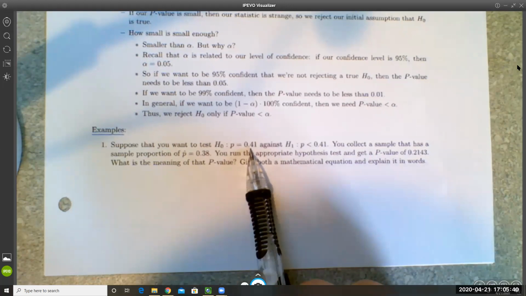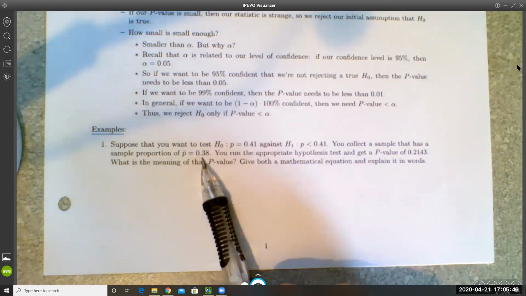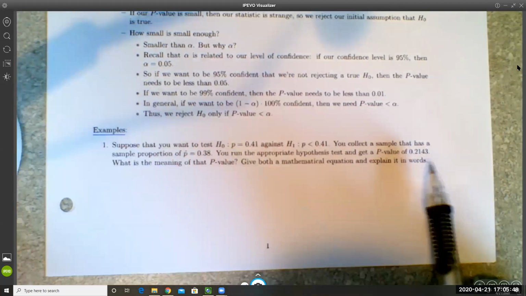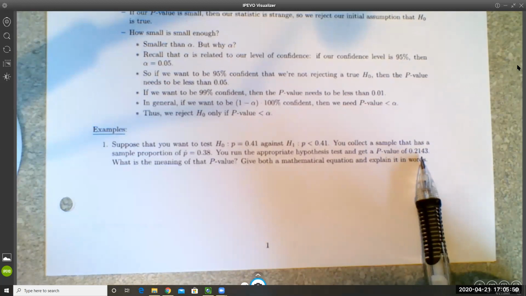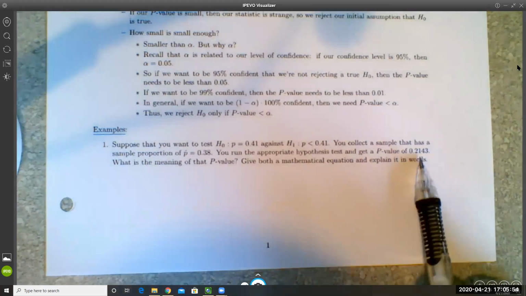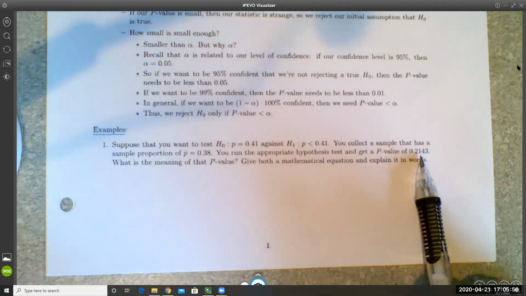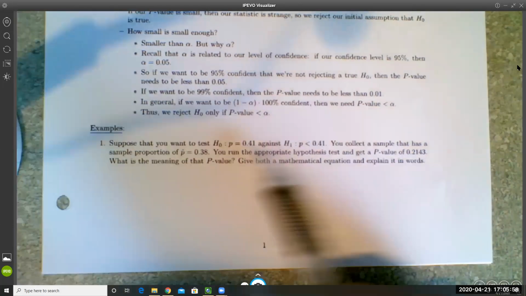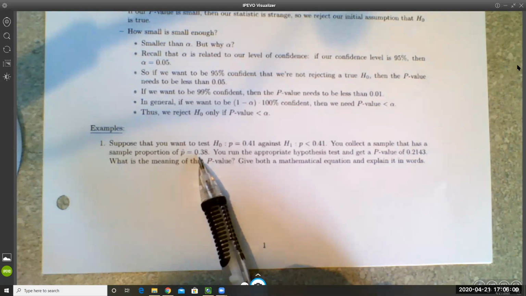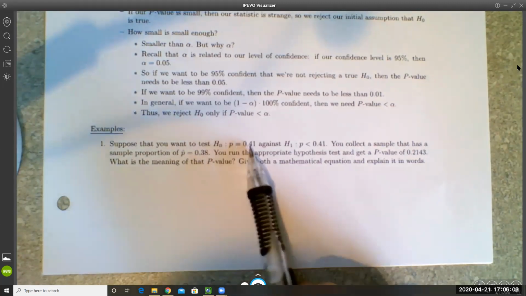In other words, if we assume that p is 0.41, then the probability that we would get a p hat value of 0.38 is 0.2143. In other words, there's a 21.43% chance that we would get a sample proportion of 0.38 if our population proportion is 0.41.